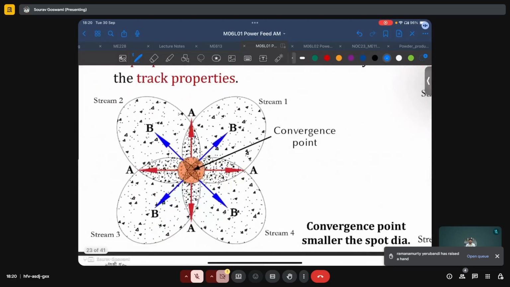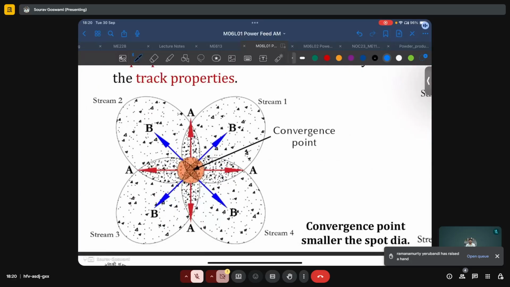Here we have one scenario where we see that each of these, say, large ellipses is the shape of cross section for one powder stream, and here we have four such streams. So let us denote these by the number one. And the reason being that here we have just the powder from one stream.